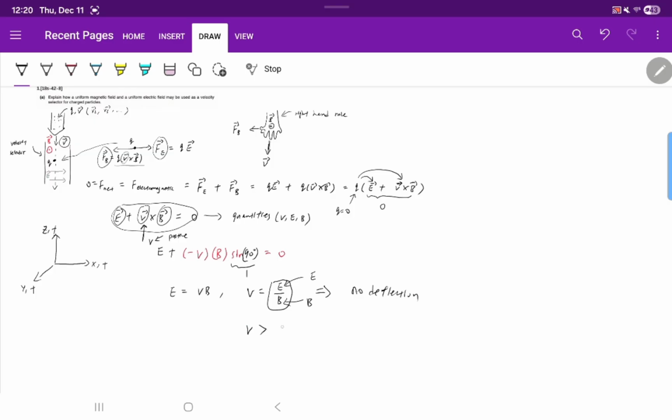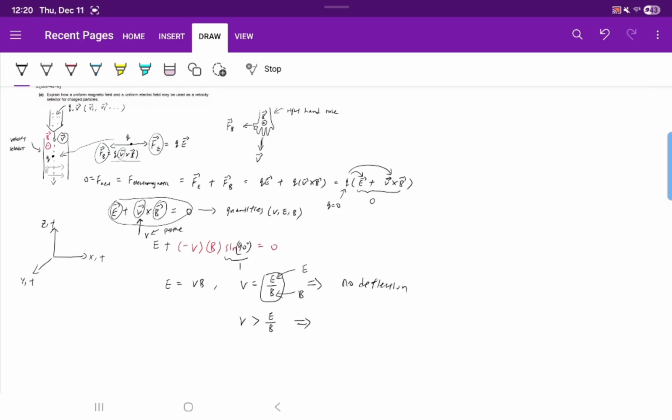But what if the velocity is greater than E over B? That means the electric field must be larger, right? So when you look back at this free body diagram, if the electric field is larger, that means you will have a larger electric force. So definitely the particle will be deflected to the right.